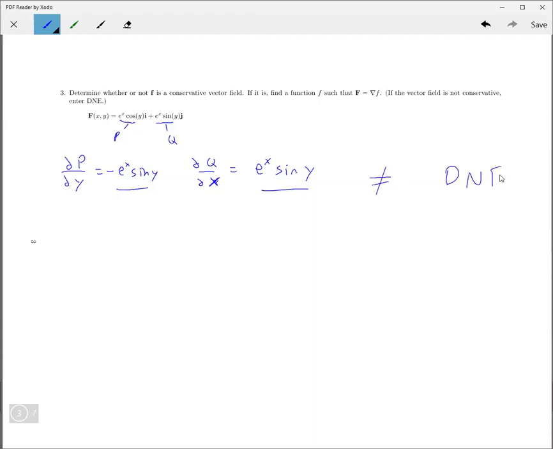So it does not exist. It's not a conservative field. It's not a conservative vector field because it can't be. Because those are different, this can't be a gradient of any function.